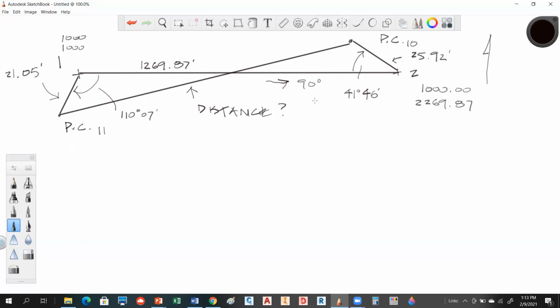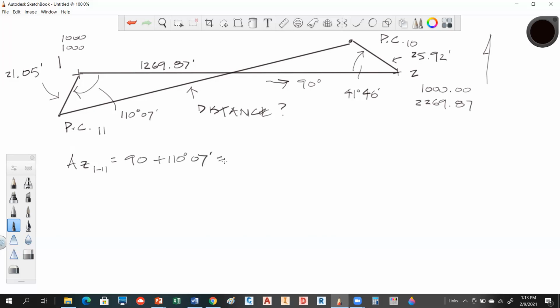So we can solve the azimuth from 1 to 11. That's simply going to be 90 degrees plus 110.07.